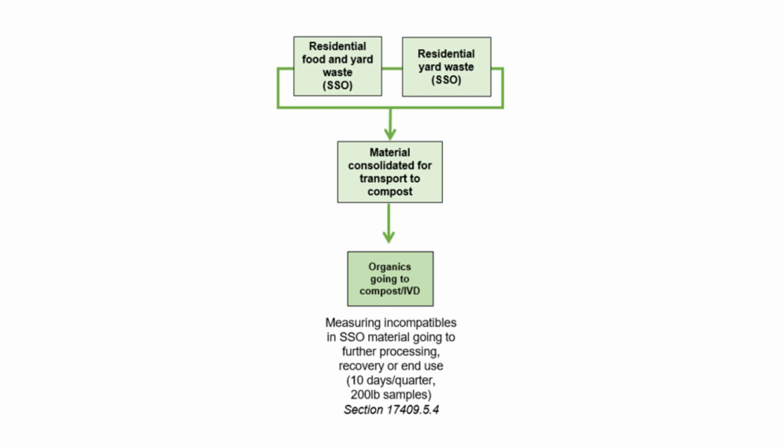You might be asking, okay, well, this SSO material is directly transferred to another facility that's taking measurements, the composter. So why can't this flow be considered a consolidation site activity? Why do we need to measure it here at Trash City? The reason is a consolidation site can only send material to a transfer processor that will be taking measurements.